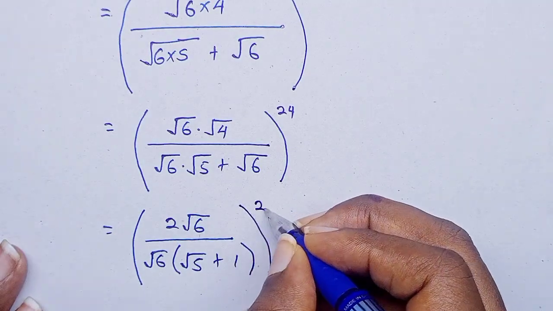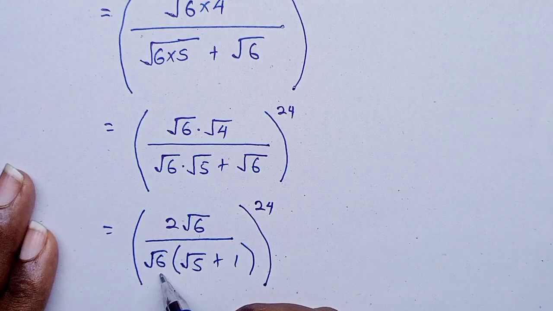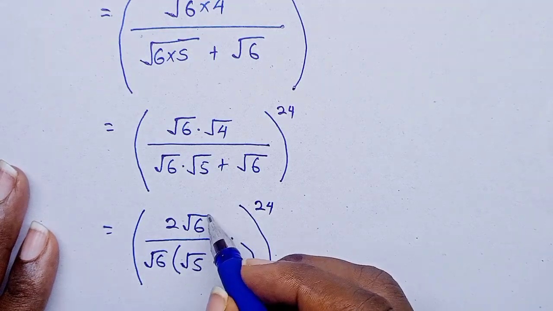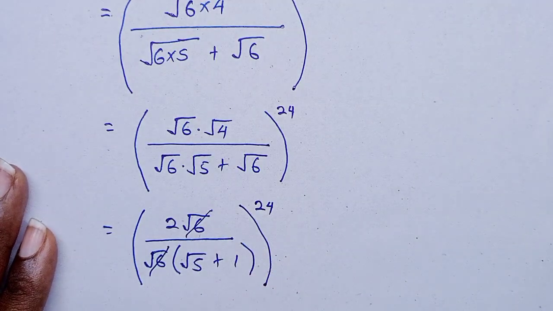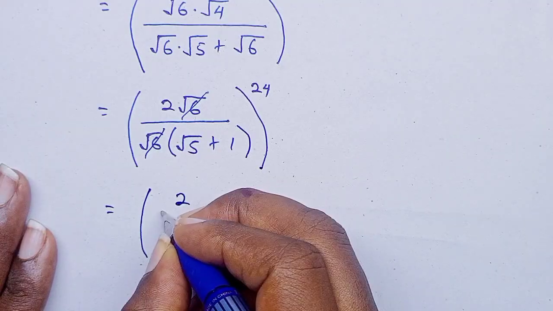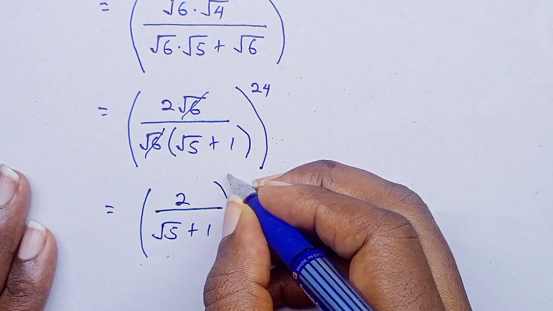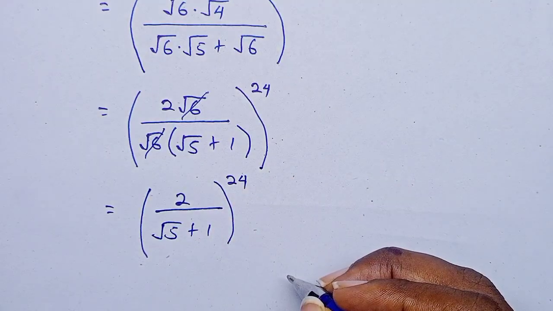This all is to power 24. So as you can see here we have root of 6. Also here we have root of 6. So this cancels with this. And we are left with 2 over root of 5 plus 1 to power 24.